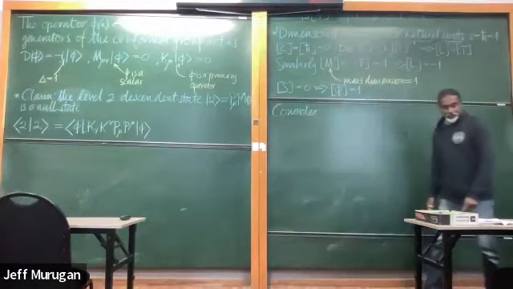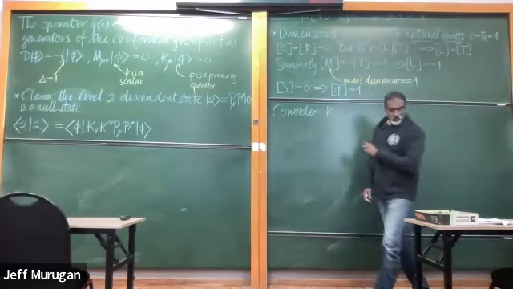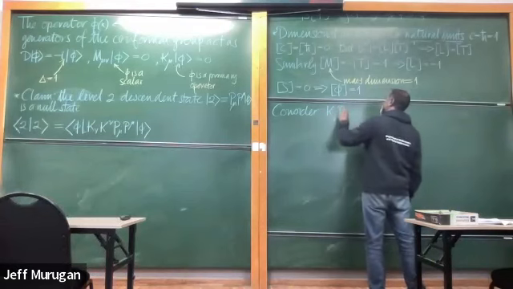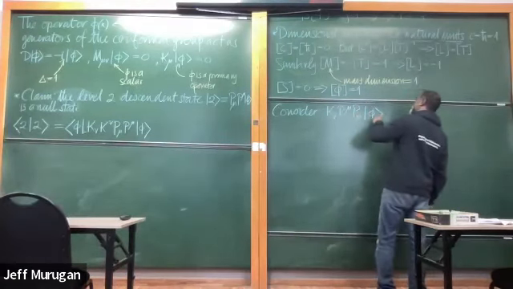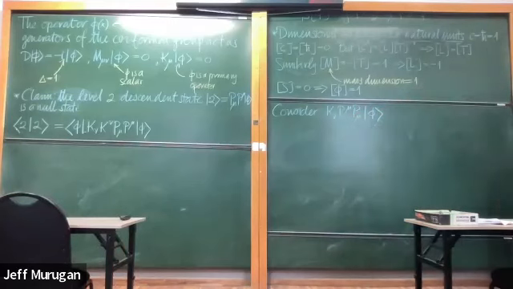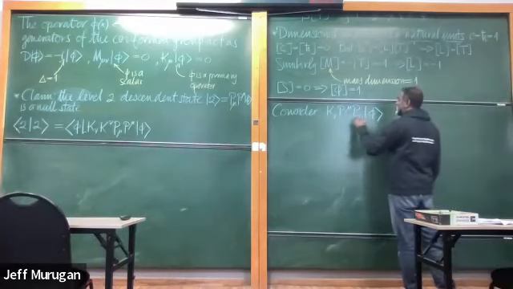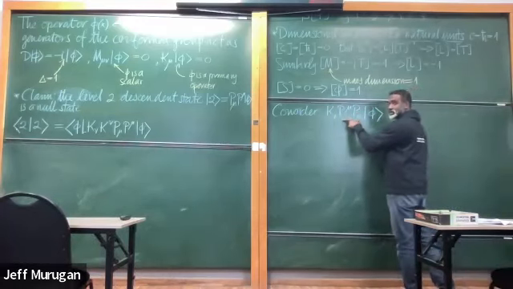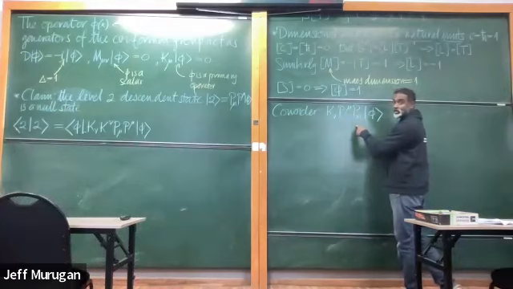So let's consider the following state. K mu p mu on phi. I know that phi is a primary, so if I take these two and consider them one operator and k mu is one operator, then I can replace this thing on the left-hand side by the commutator of the two, right?